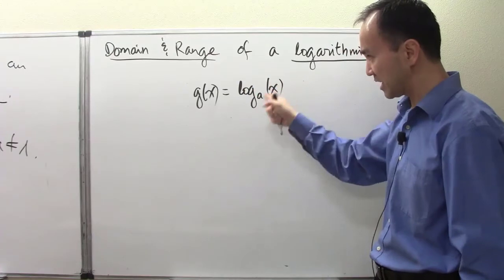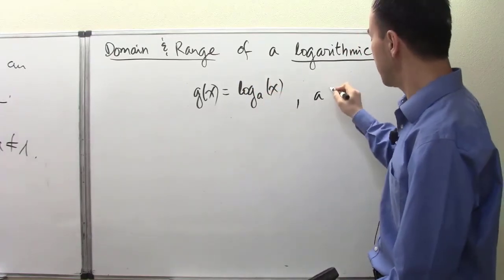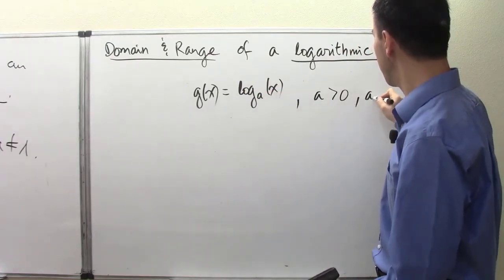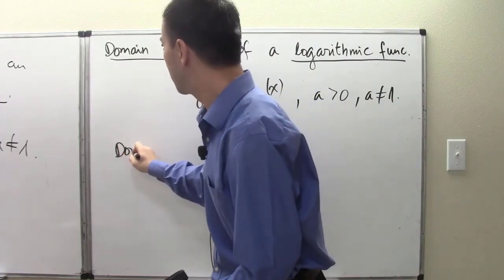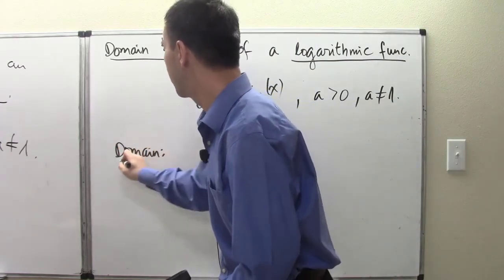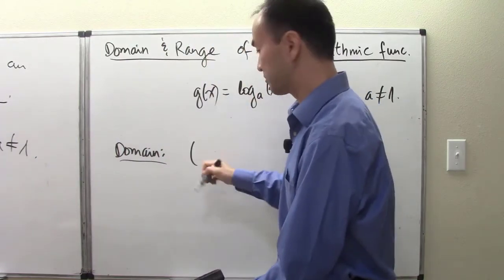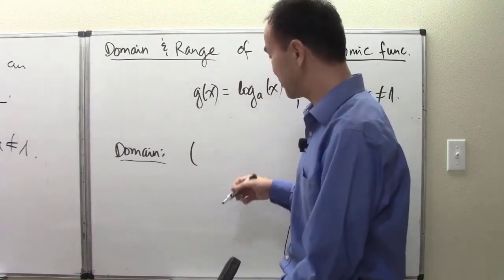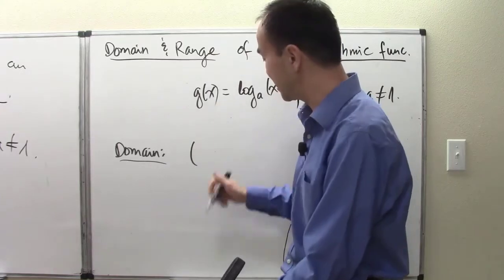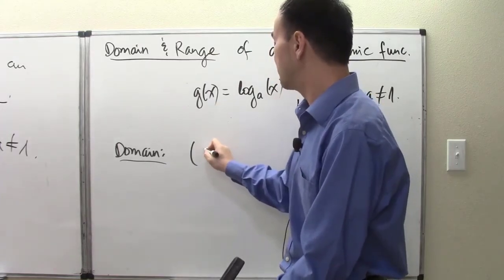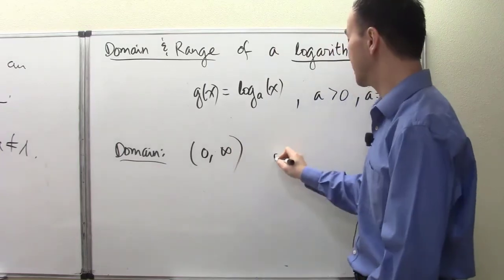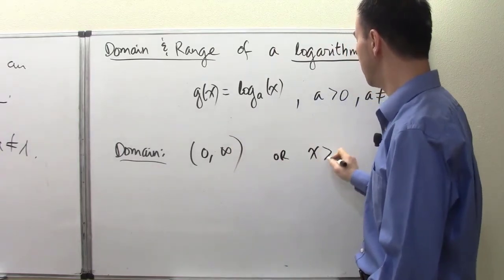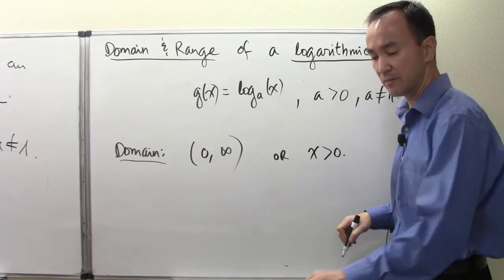With this function, yes, the base is positive and the base is other than 1, but now the domain, as we have concluded earlier, we condense all that information into something that quickly catches your attention. The domain is anywhere between 0 and positive infinity. Another way of saying it, the input x is positive inputs only.